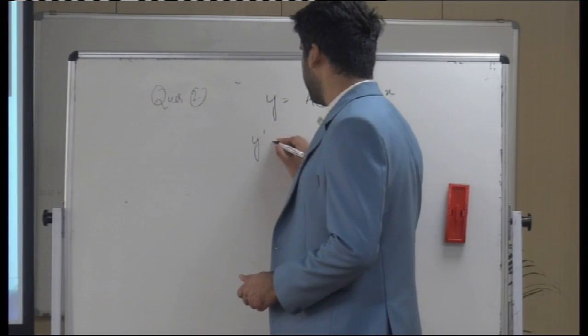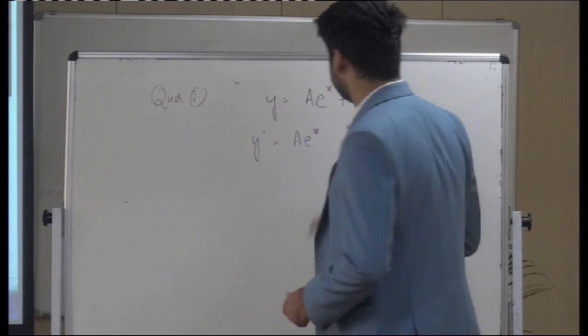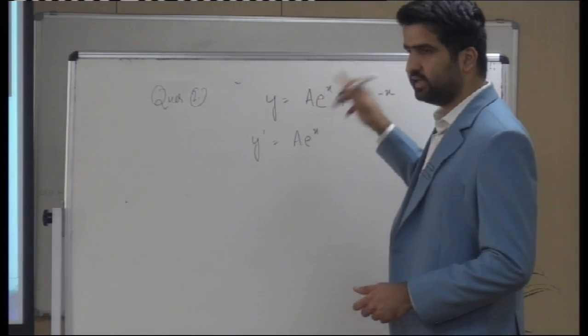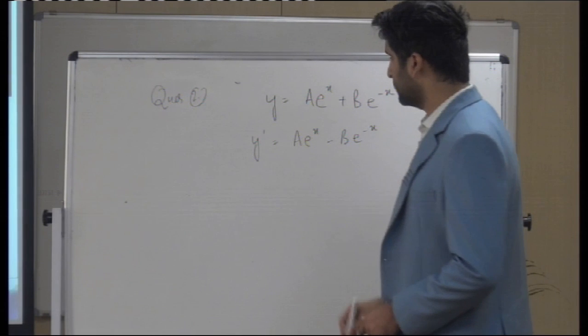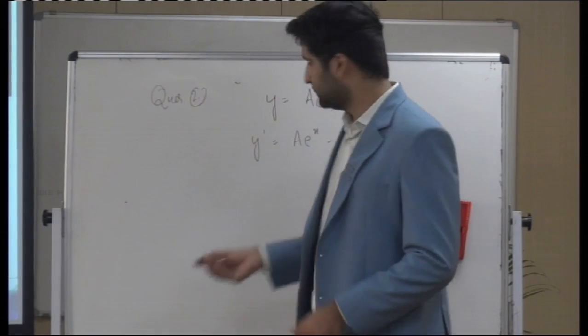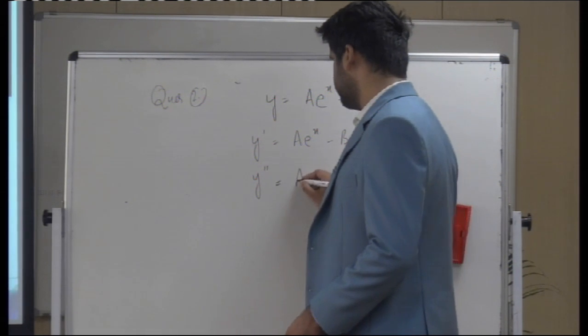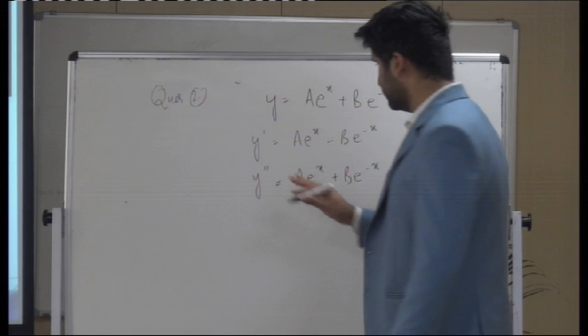What do we get? Y dash is equal to a e to the power x. And what is the differentiation of e to the power minus x? Minus e to the power minus x. Minus b e to the power minus x. We'll differentiate it once more, right? So y double dash is equal to a e to the power x plus b e to the power minus x. Now this is a very simple one.